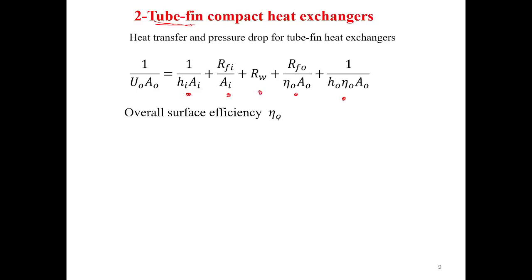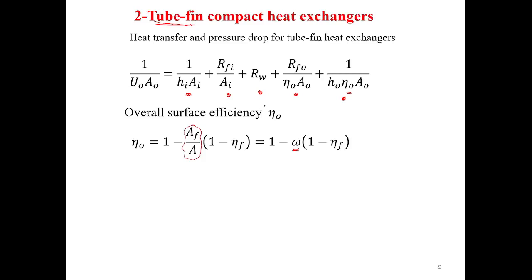Of course, since we are talking about tube fin, inside the tube there are no fins, but outside there is a fin, so you have to calculate what we call the overall surface efficiency eta_0, which is a function of the efficiency of the fin in addition to omega, where omega is the ratio of the area of the fin divided by the total heat transfer area.